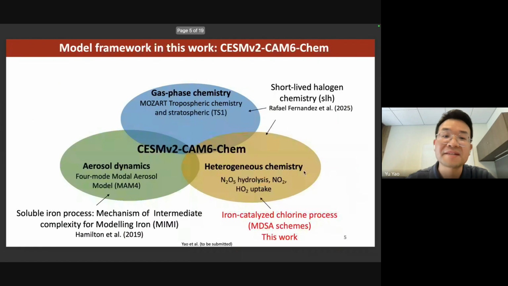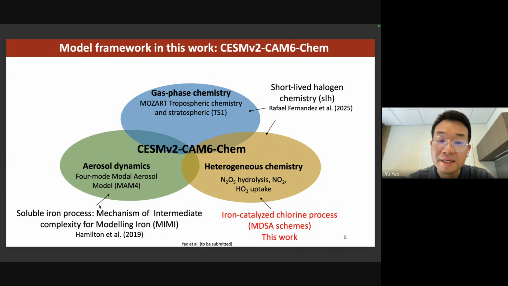In order to better understand these reactions, we use this chemical model framework with several new features. The first is the solid hydrogen chemistry, as mentioned by Rafael 30 minutes ago. We also incorporate the solid iron process, which is the MIMI scheme developed by Hamilton in 2019.